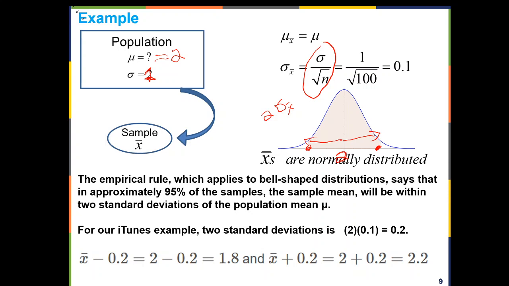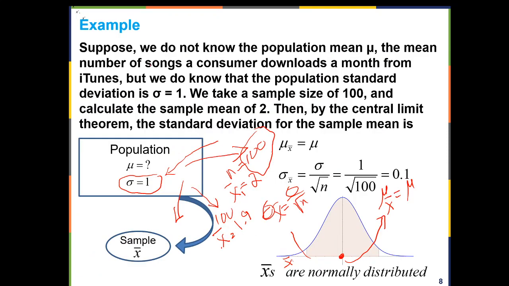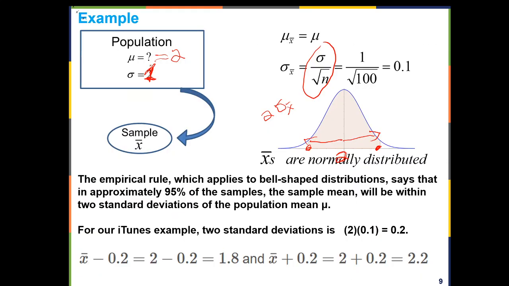So if the mean is 2 and the population standard deviation is 1, the standard deviation of X bars is not 1. It is 1 divided by the square root of n, which in this case is 100. So 1 over the square root of 100 is 0.1. So 0.1 is the standard deviation of the X bars.